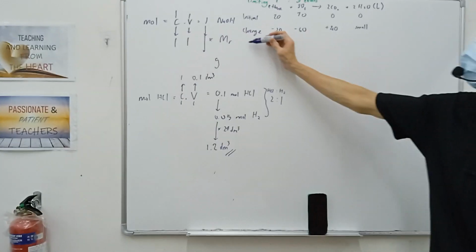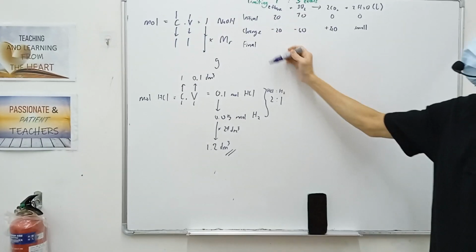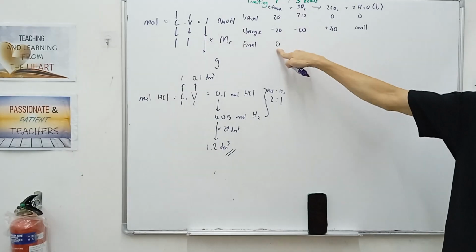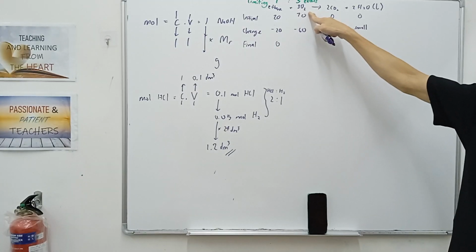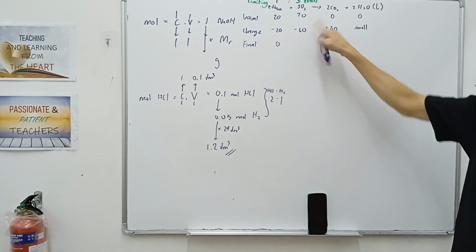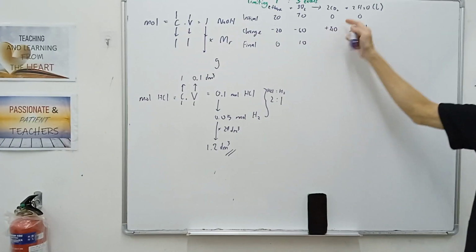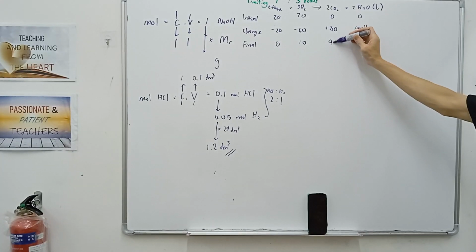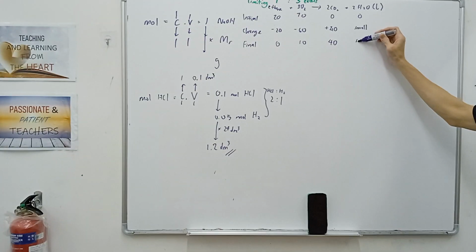Okay, so then final. 20 minus 20, like I say, ethene is limiting, nothing is left. How much oxygen is left? 70 minus 60, 10. 0 plus 40, 40. 0 plus small, small.